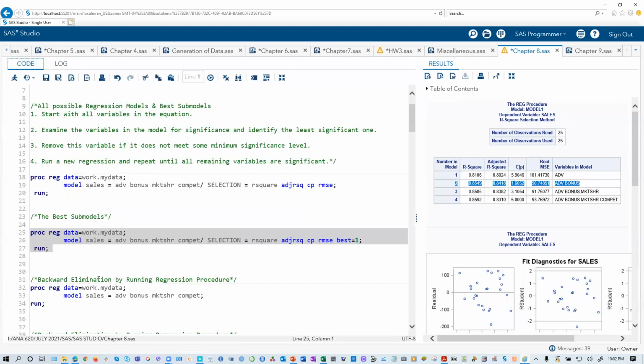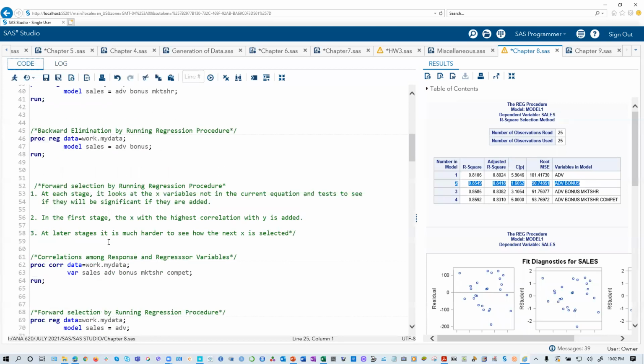Now we're going to go ahead and do the other way around. Now let's go to the forward selection. Forward selection, at each stage, looks at the x variables not in the current equation and tests to see if they will be significant if they are added.